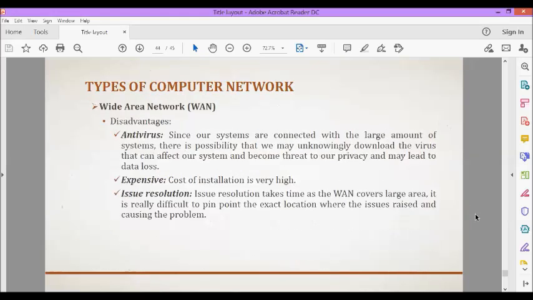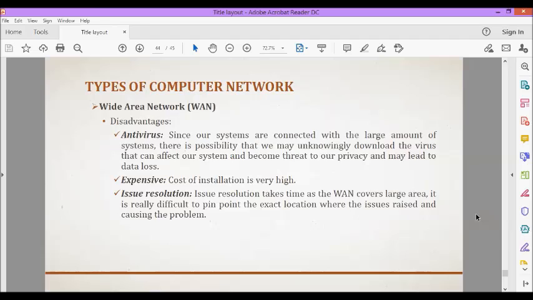Next, we have the disadvantages of wide area network. So antivirus. Since our systems are connected with a large number of systems, there is a possibility that we may unknowingly download a virus that can affect our system and become a threat to our privacy and may lead to data loss.